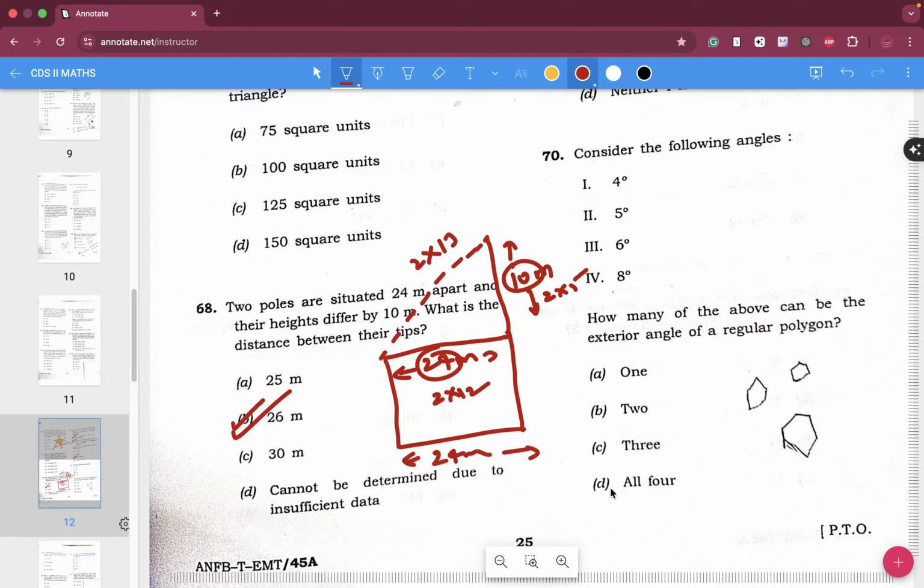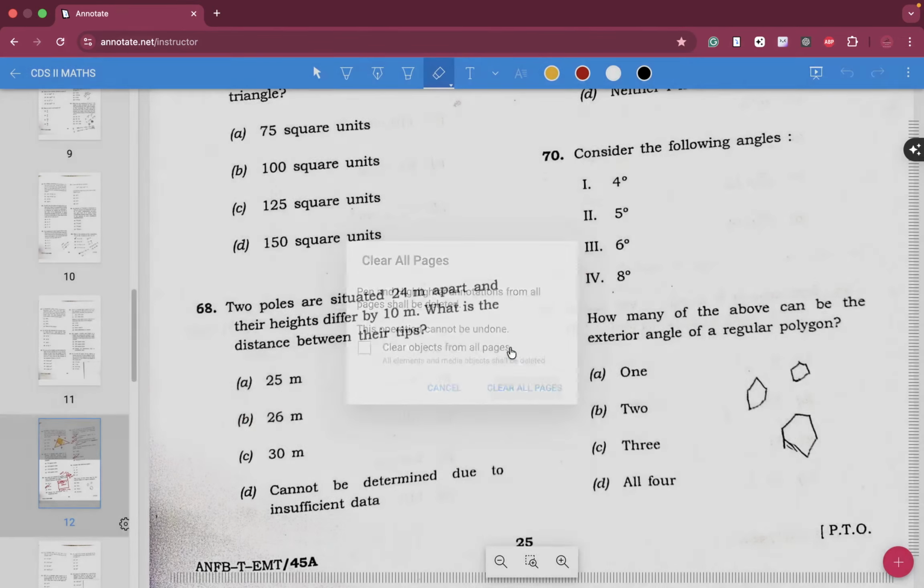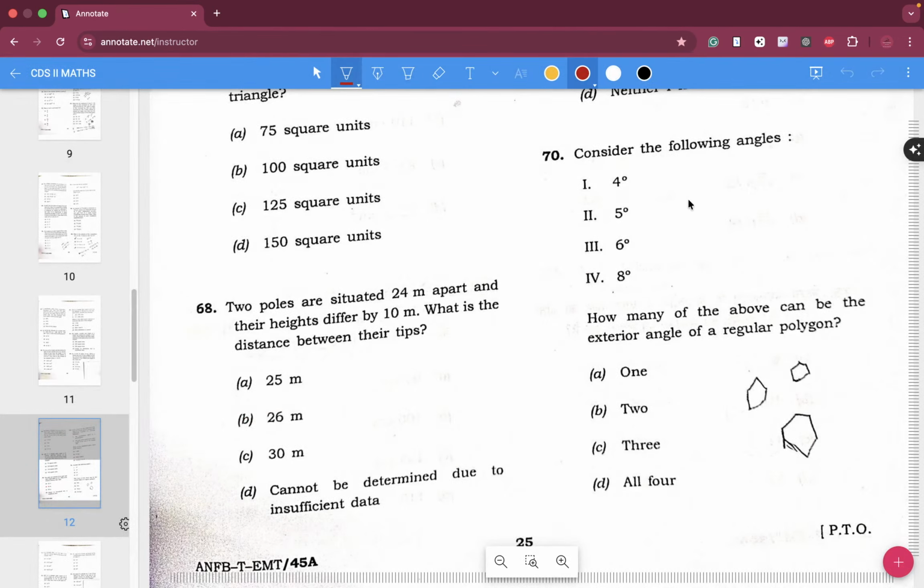How about this one? Consider the following angles over here. How many of the above can be the exterior angle of a regular polygon? Now, one particular point to know is that the sum of all the exterior angles of a regular polygon is always 360.